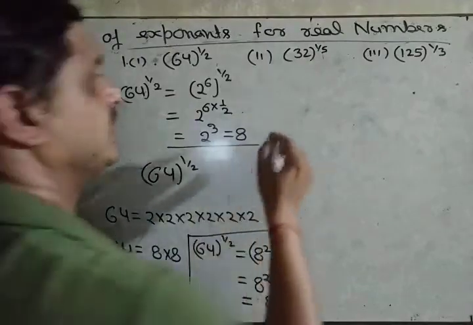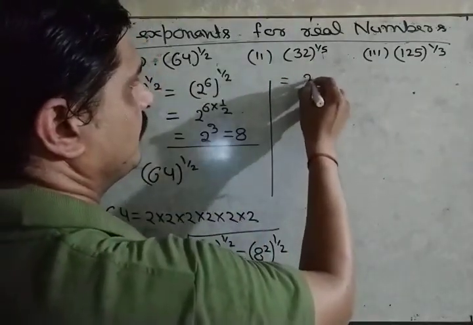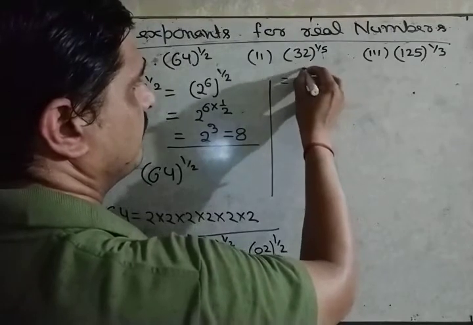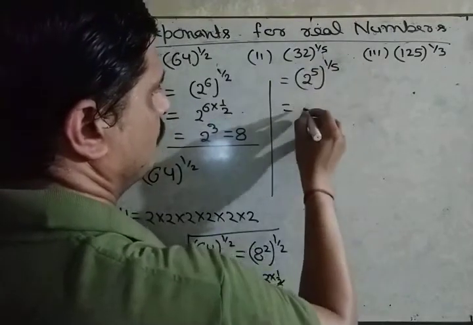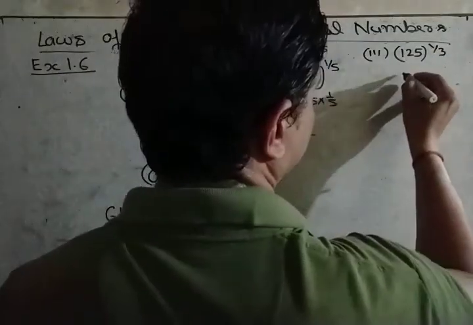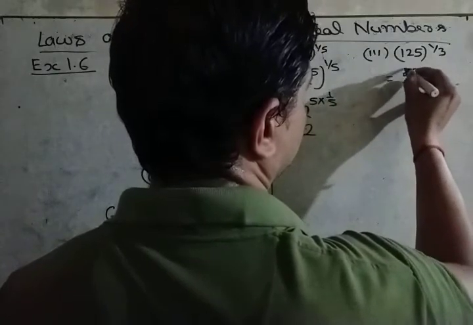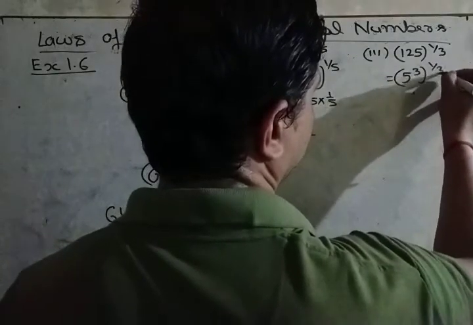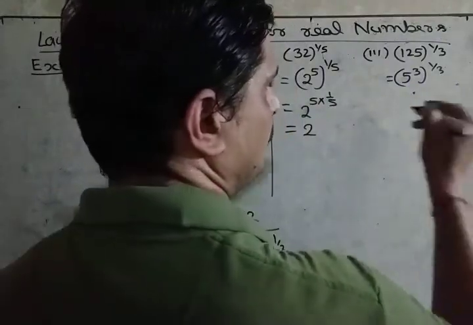Now, second question. You can directly write 2 raised to the power 5 and 1 by 5. So, 2 raised to the power 5 into, for this, 5 raised to the power 3, because 25 is written as 5 into 5 into 5.